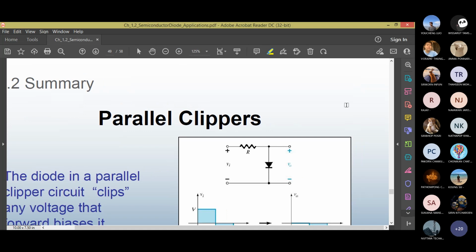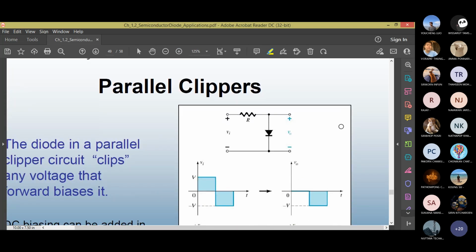This is a parallel clipper. For the series clipper, I told you that it clips away the part of the input that does not forward bias it. For parallel clipper, it's exactly the opposite. It clips away the part of the input that will forward bias it. Let's see how.